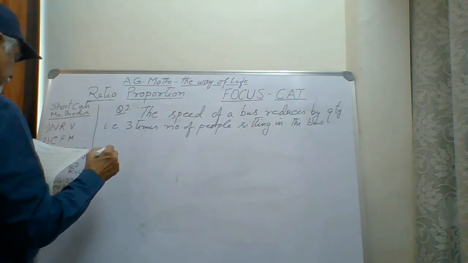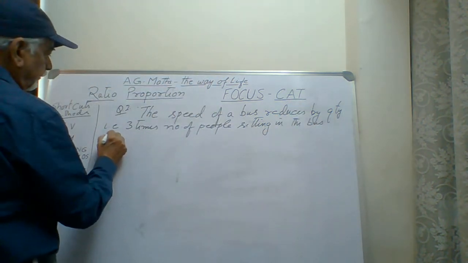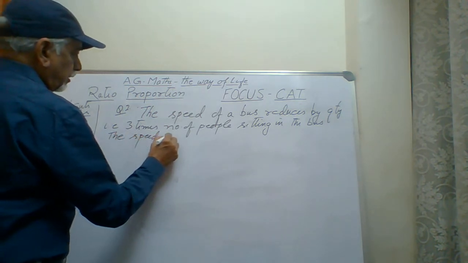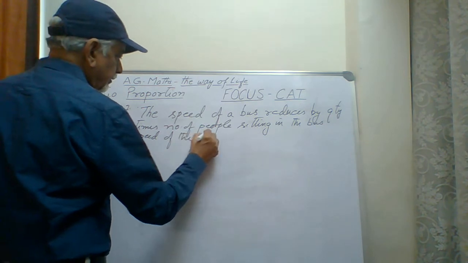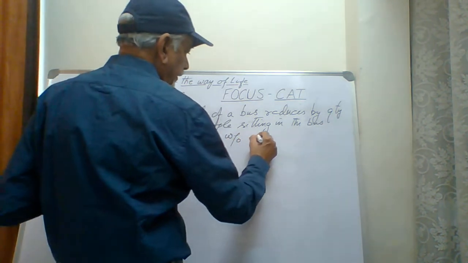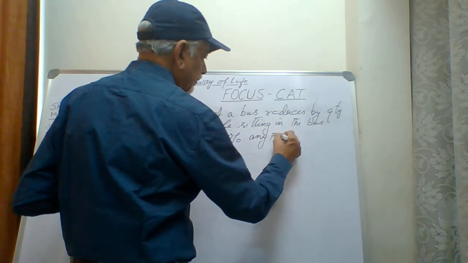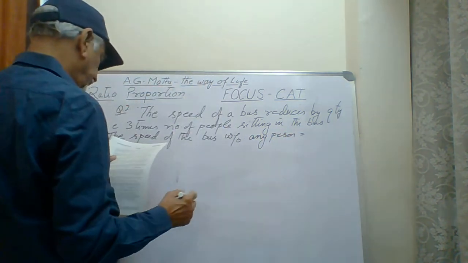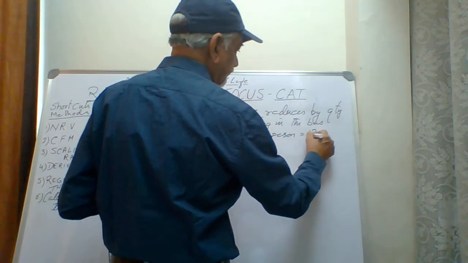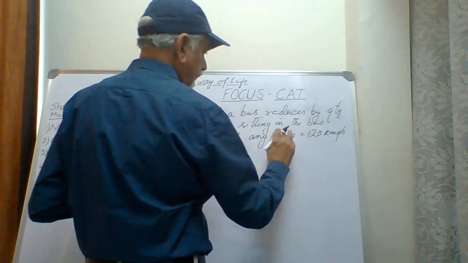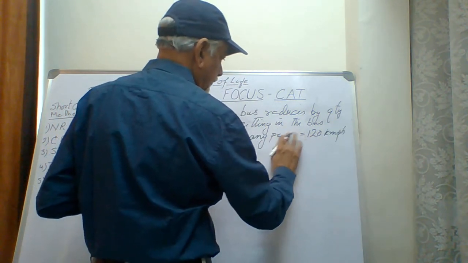The speed of the bus without any person is equal to 120 kmph.